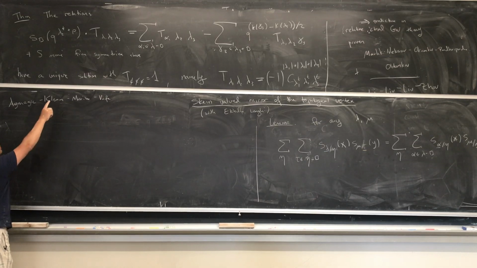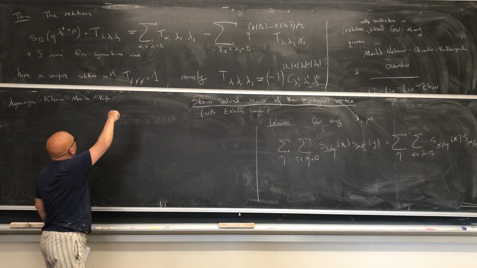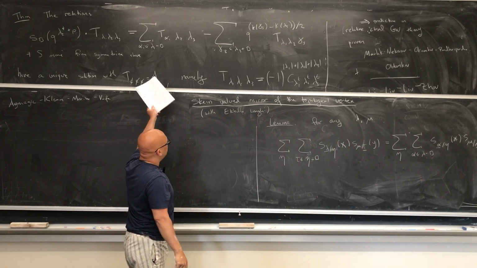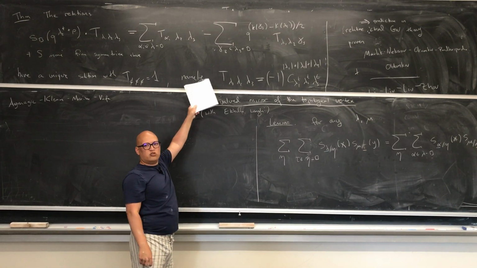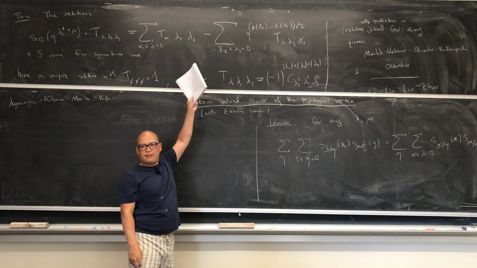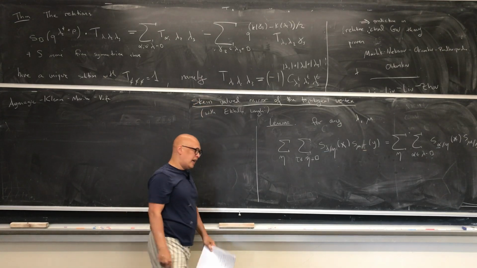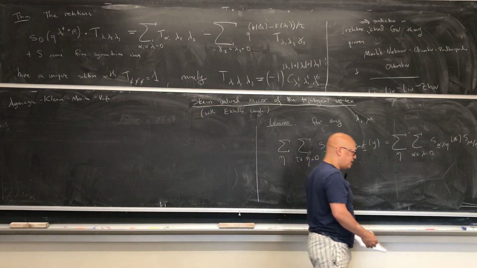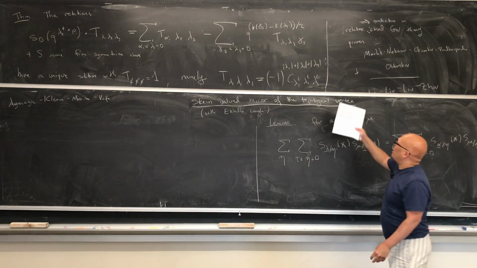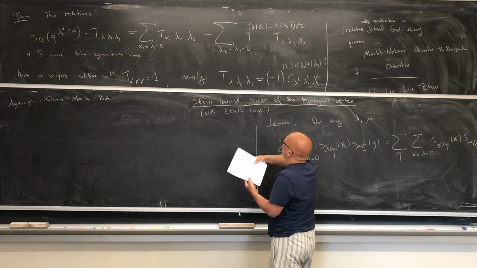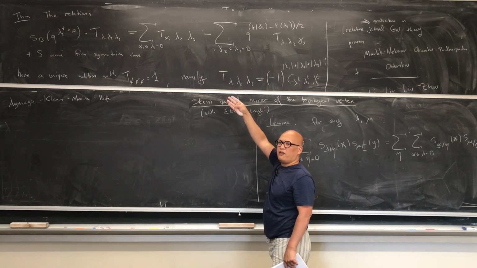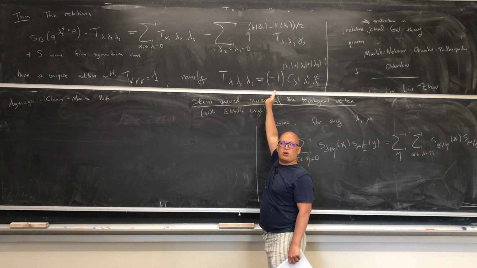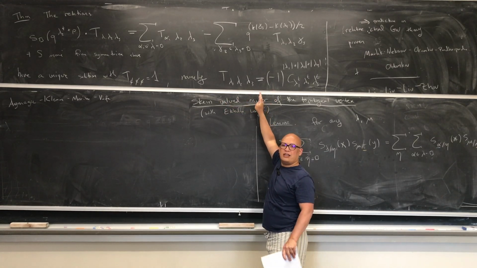It expresses t lambda 1, lambda 2, lambda 3 in terms of something where we lower one side by 1 and raise the other side by 1. At first glance it is not obvious that the right-hand side is simpler than the left-hand side, because it has more boxes. So it's not clear why this is a recursion.